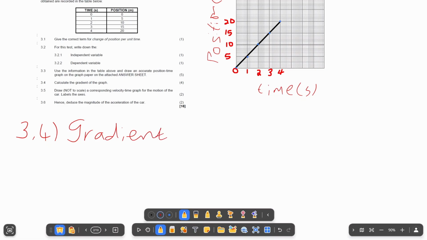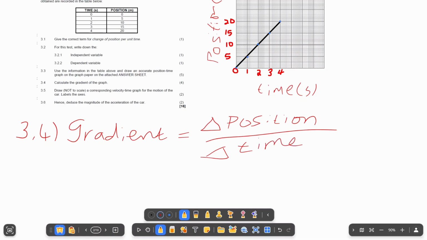Gradient is equal to the change in position divided by the change in time. The triangle symbolizes change. Let me just write t. But position is in full. Let me write this one also in full.